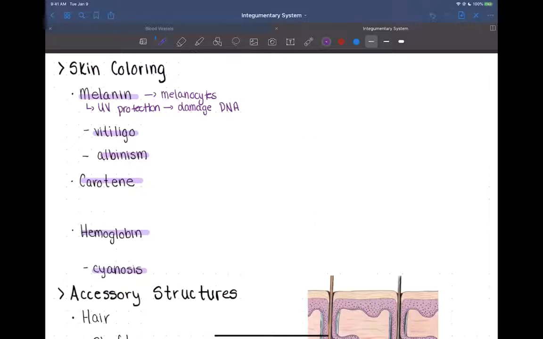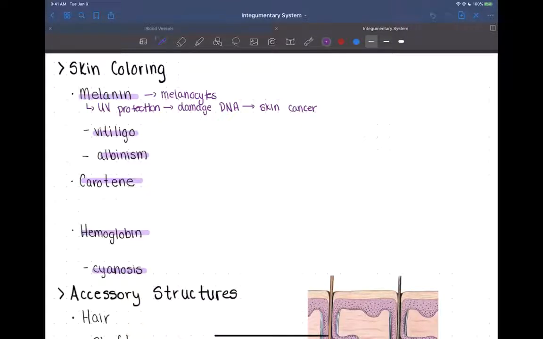Because if the sun damages the DNA, that could lead to skin cancer, especially if it damages the DNA in those stratum basale cells that are undergoing mitosis. So melanin has a very important function. A couple of things are associated with melanin.